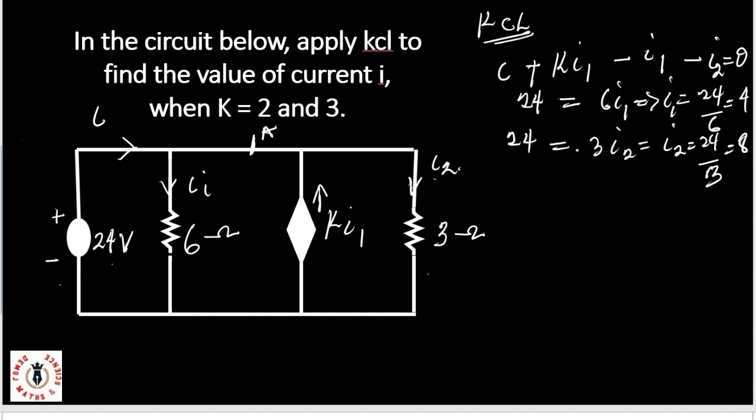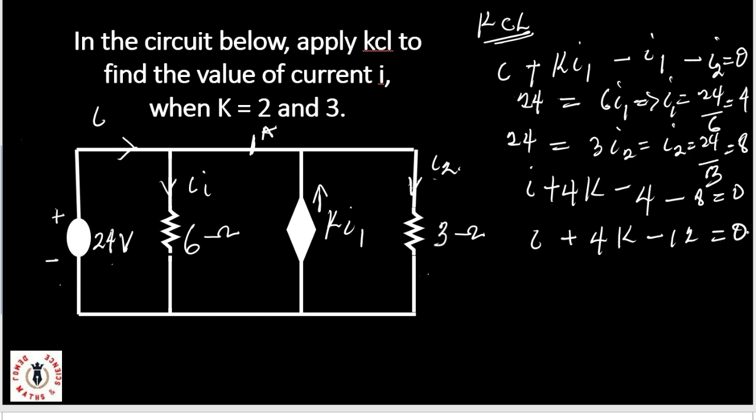Now, if I1 is equal to 4, I2 is equal to 8, I can write this equation to mean I plus 4k minus 4 minus 8 is equal to 0. So I plus 4k minus 8 minus 4, that's minus 12, is equal to 0.